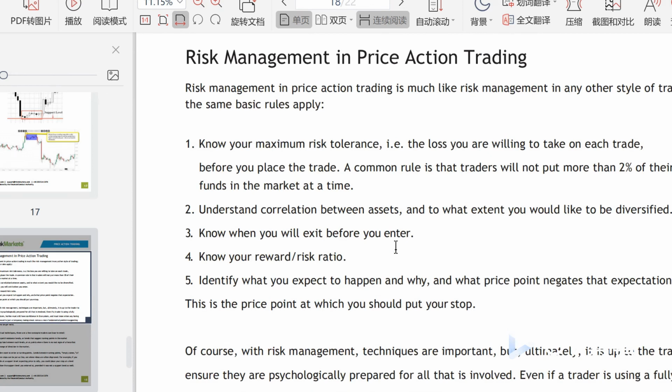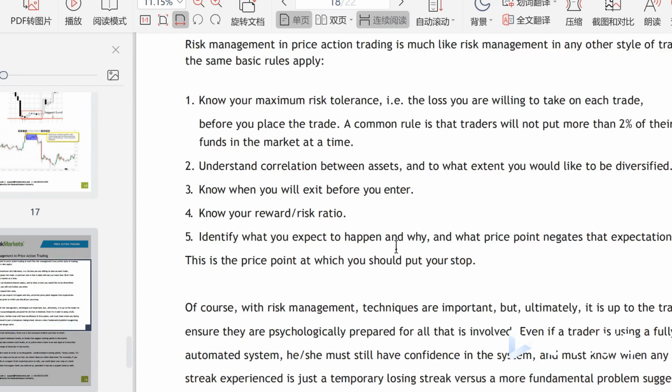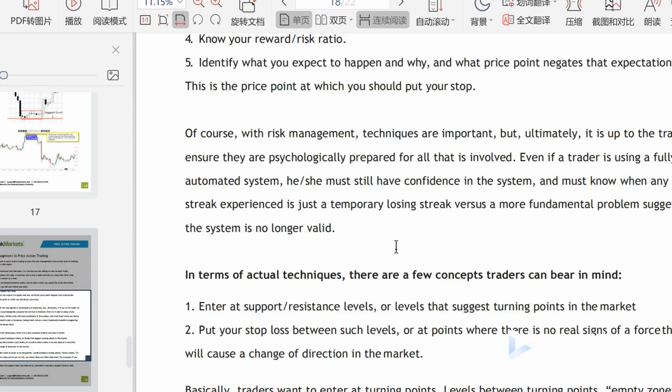Fifth, which is lastly, identify what you expect to happen and why, and what price points negate that expectation. Of course, these are important, but ultimately, it's up to the trader to ensure that you are psychologically prepared to get involved in the market.